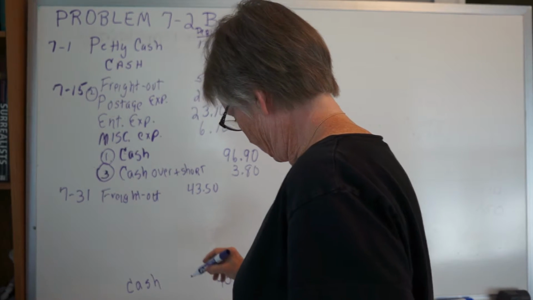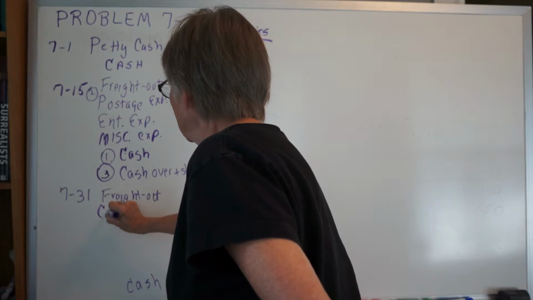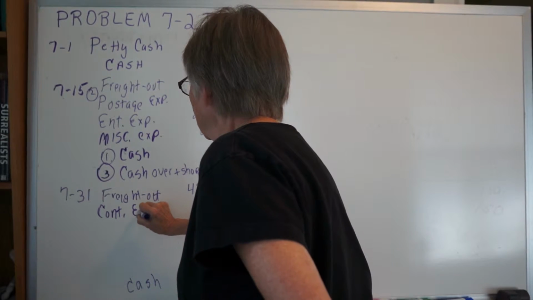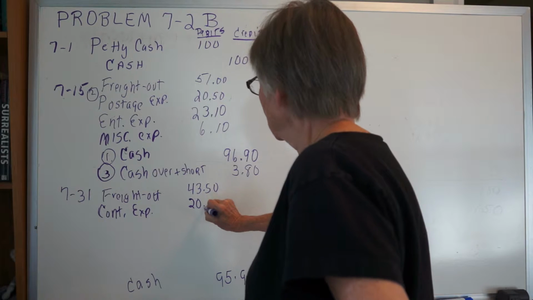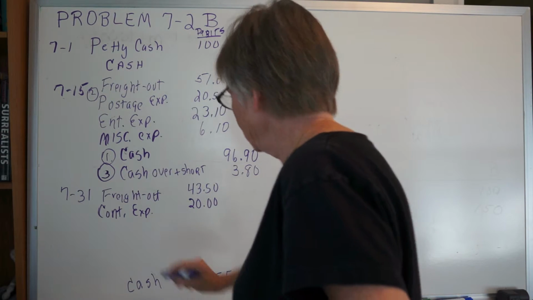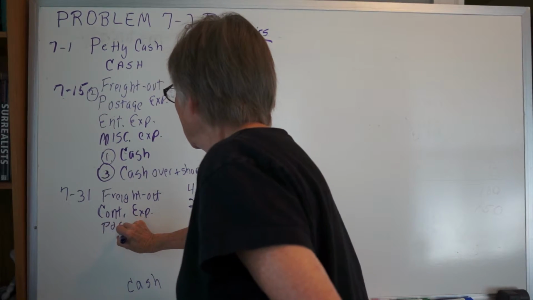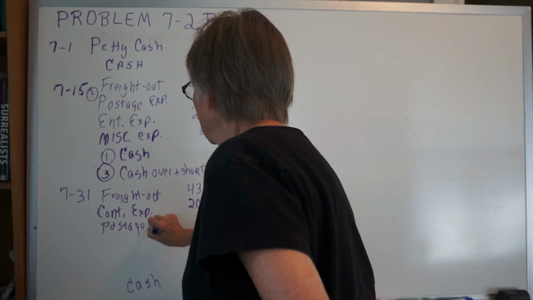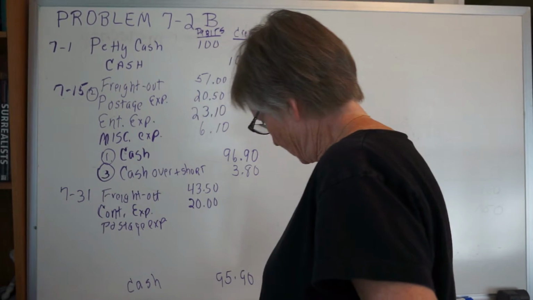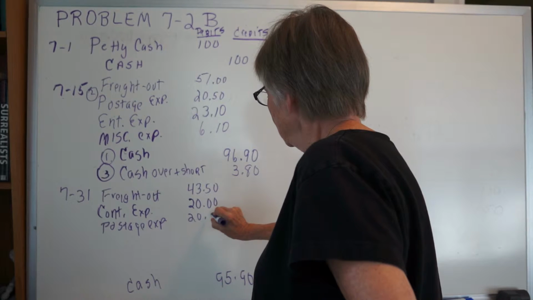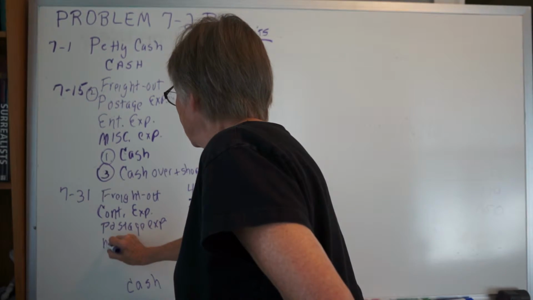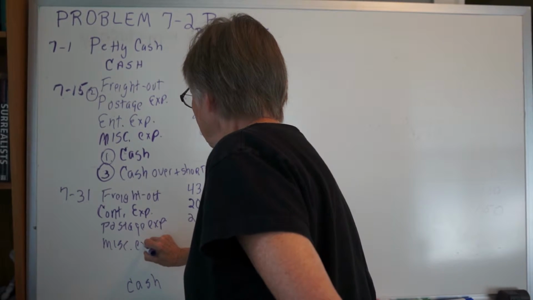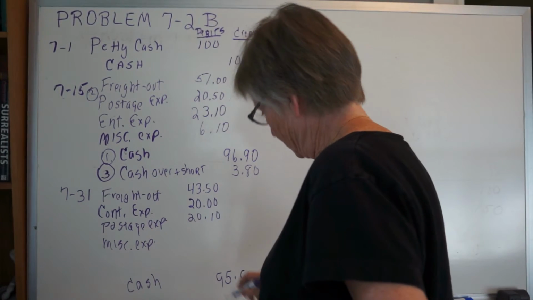We had contribution expense, charitable contributions expense of $20. Okay, and these are the kind of things that petty cash ends up being used for. More postage expense for $20.10, and miscellaneous expense of $12.30.